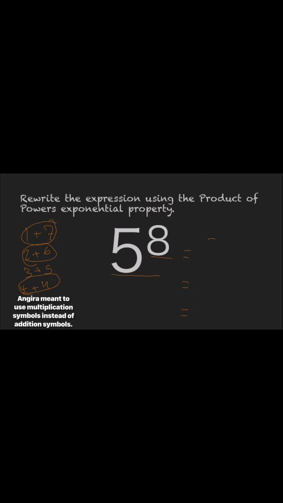Well, we can write it as 5 to the 1st power times 5 to the 7th power, because 5 is our a, and then 8 could be our b plus c. So 1 being our b and 7 being our c, this would satisfy the expression.